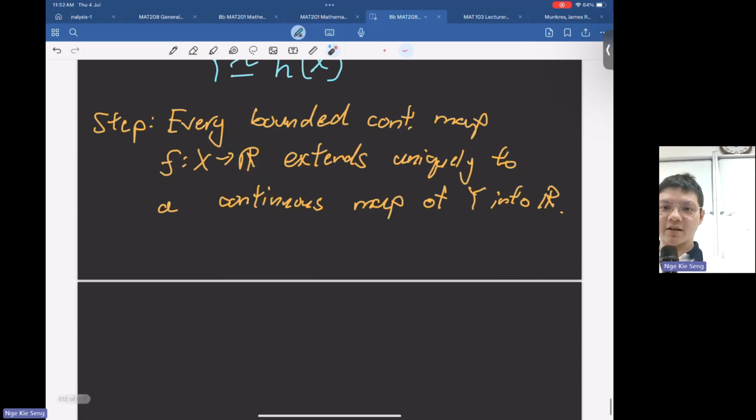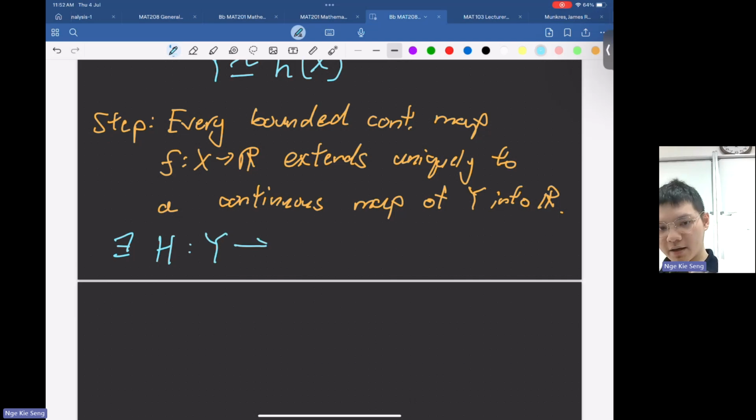So, again, let's write it down formally. What we do is there exists an embedding H from Y into the space here.